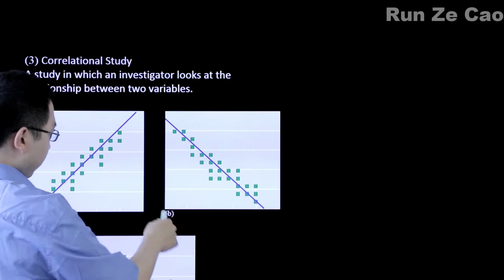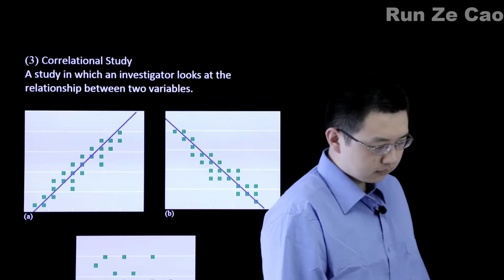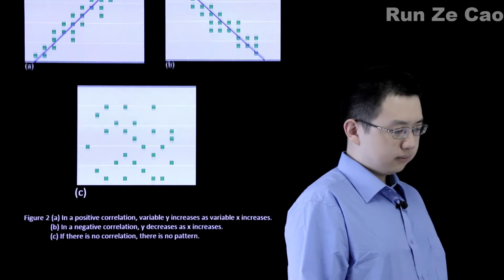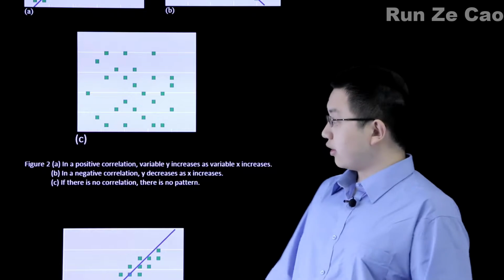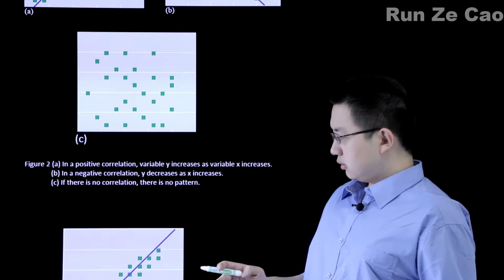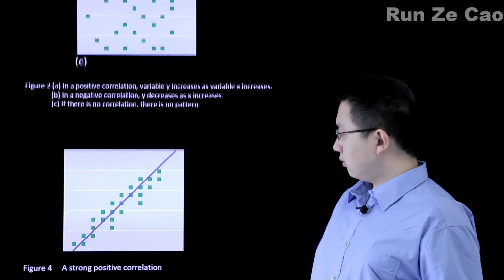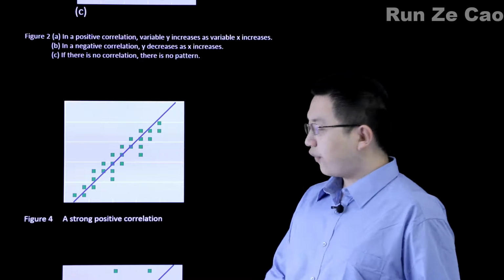As one gets bigger, the other one gets smaller. That's a negative correlation. Now, if there's just randomness, then we have no correlation. So, we do note that correlations can vary in strength. For example, here, this is fairly tight.